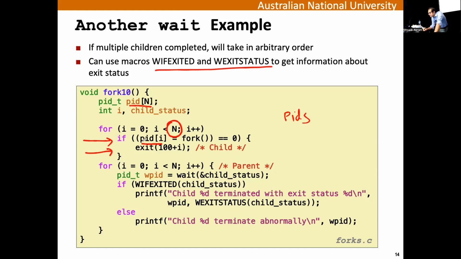The parent gets all the process IDs in this array, and the children all just terminate with an exit status that is not ambiguous, something like 100 plus i.